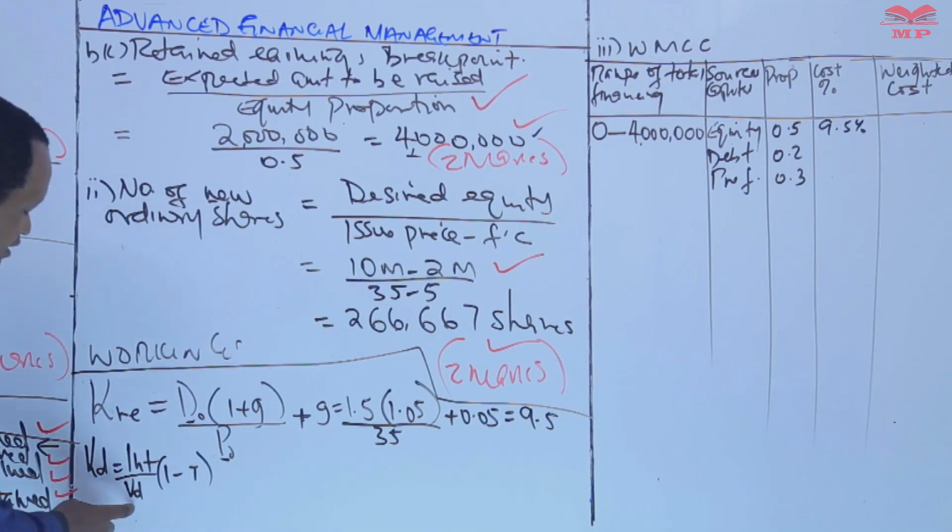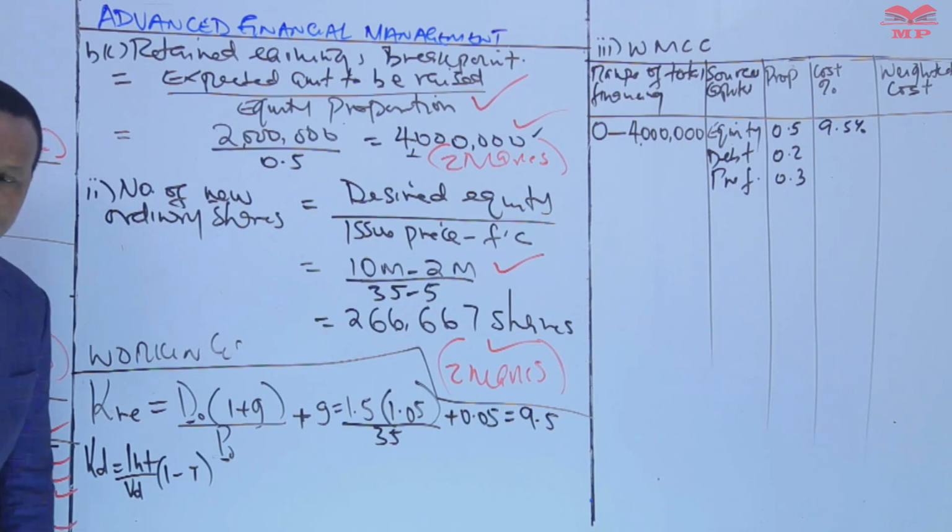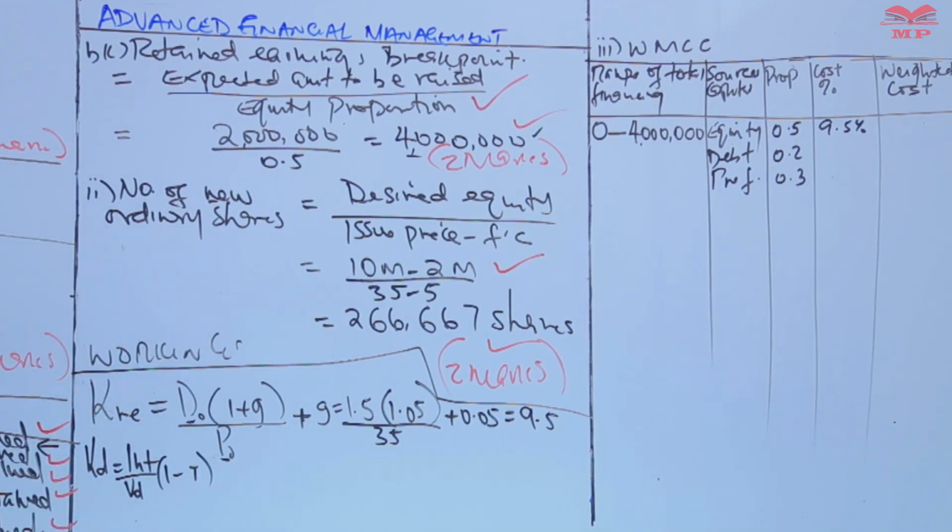We divide by the market price of the debenture. It's very simple. To get the interest, you calculate the rate, which is given at 10%, and apply it on the par value. The par value of this debenture is 100 shillings. Just 10% of 100 shillings.